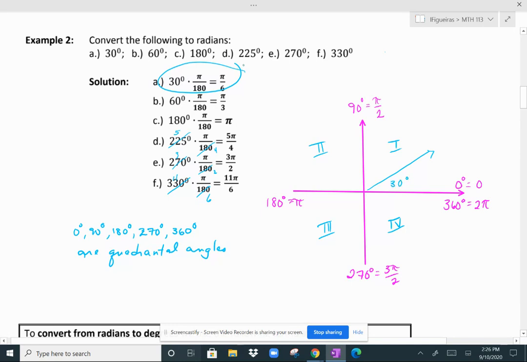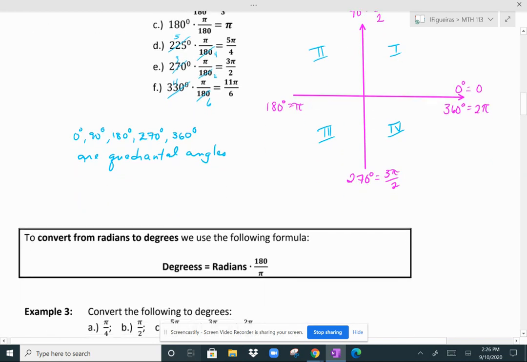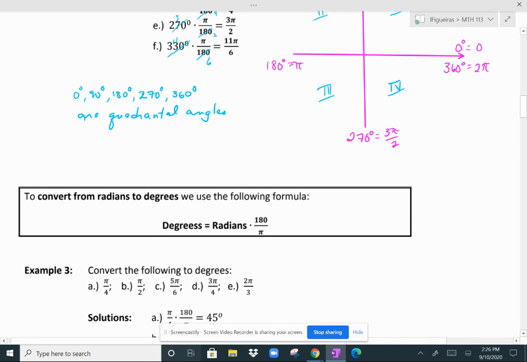Okay, so let's talk more about angles and where they belong. Here is another similar formula. To convert from radians to degrees, you take your radians and multiply by pi over 180, and that equals your degrees. Degrees equals radians times pi over 180.